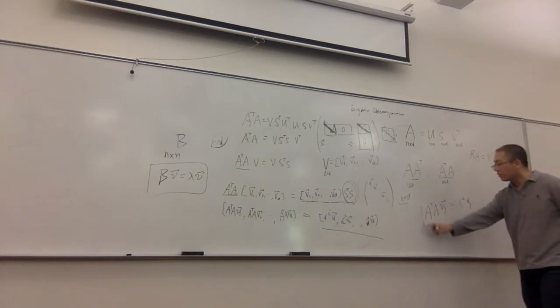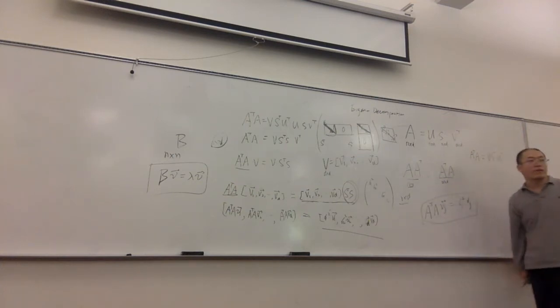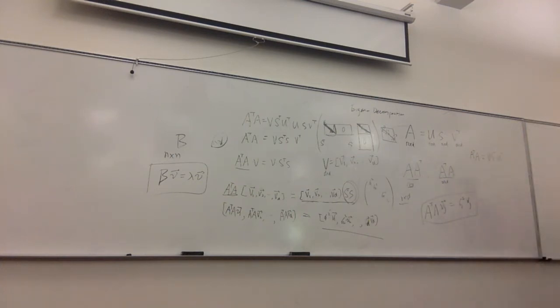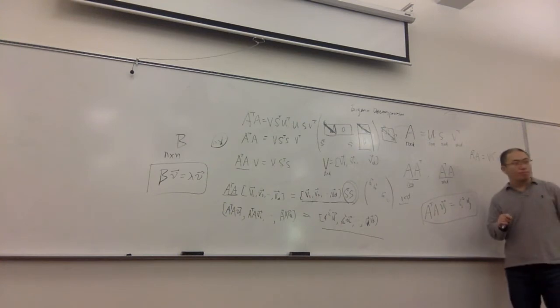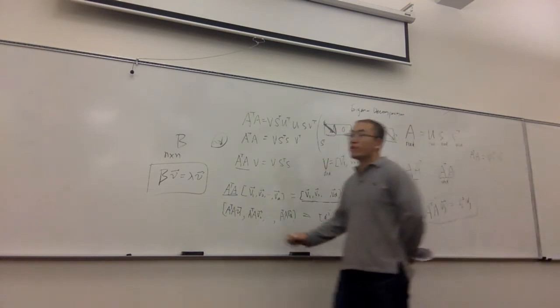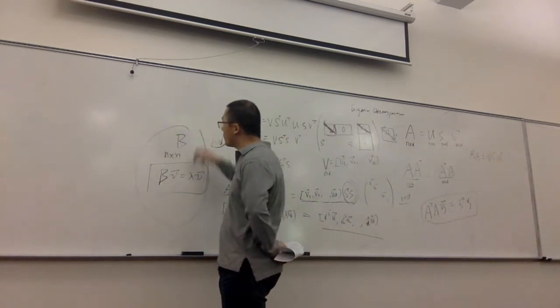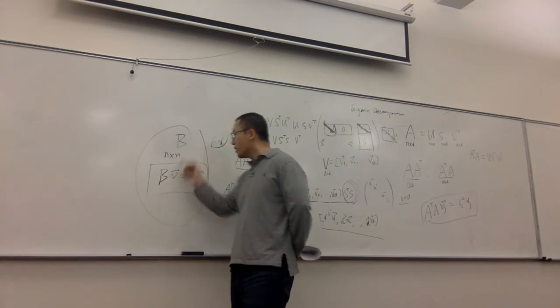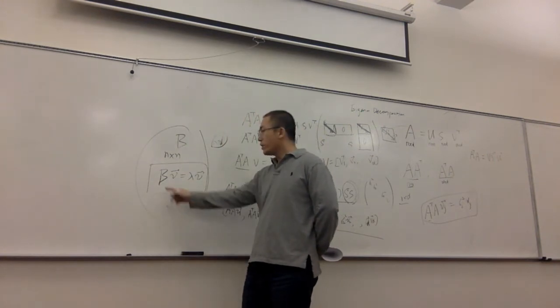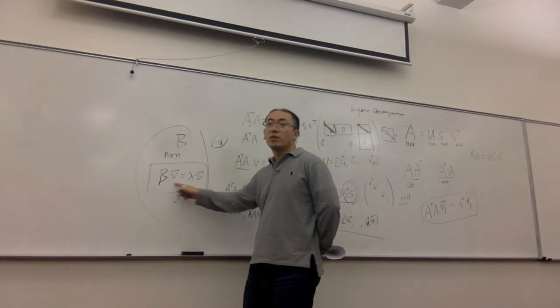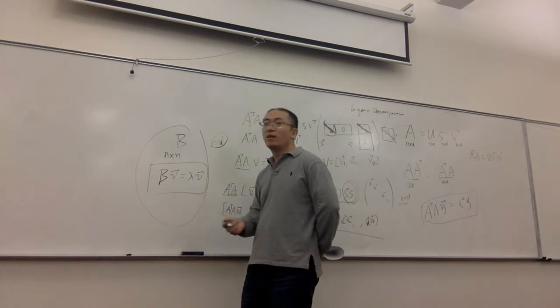So now from here, what can we observe? Sigma j squared is an eigenvalue for the eigenvector Vj for the transformation A transpose A. Yes, exactly. That's from the definition. For an arbitrary square matrix, if there is a vector v and lambda which satisfy this equation, that means v and lambda are a pair of eigenvector and eigenvalue.